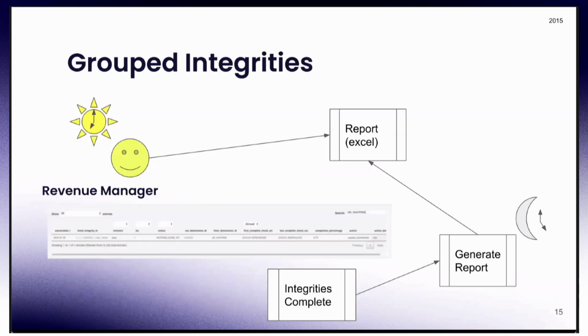We also introduced the concept of grouped integrities. This allowed us to automatically trigger actions based on some kind of rules. For example, we could say that a report would be for a hotel, a customer, for getting an overview of the rate information of all the different rates available for the hotel, as well as its competitors for the next 90 days.